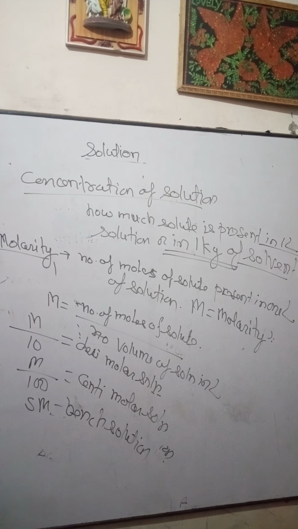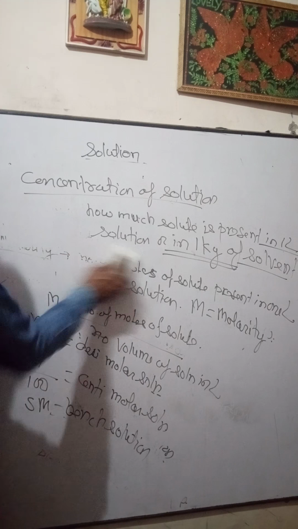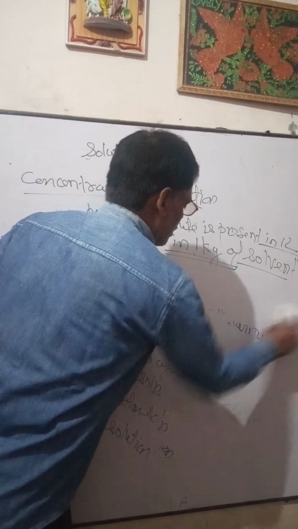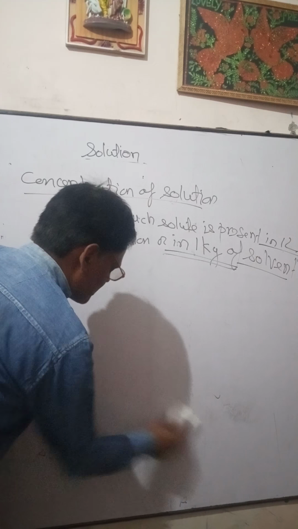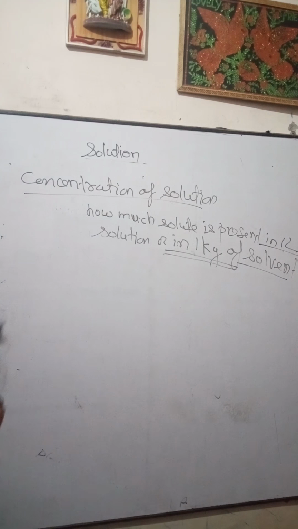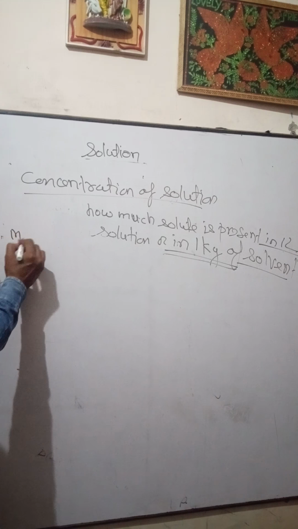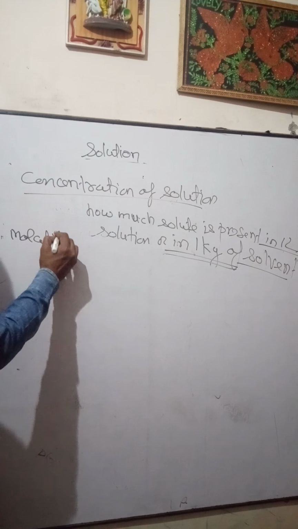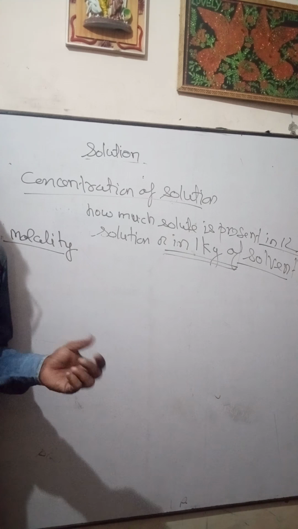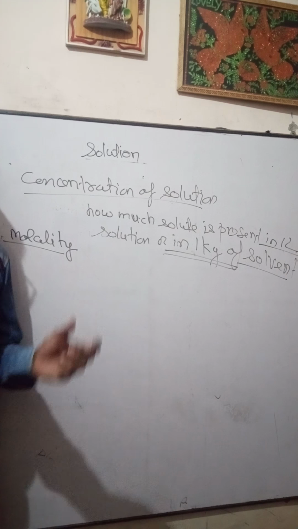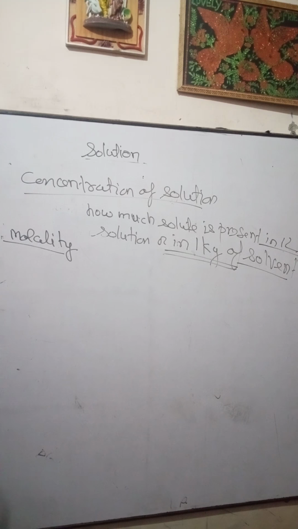Now we will switch to another scale to measure the concentration of the solution, and that scale is molality. The words sound similar, molarity and molality, but there is some difference in the pronunciation of the two words.